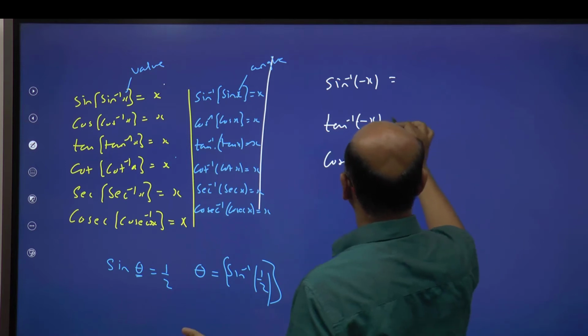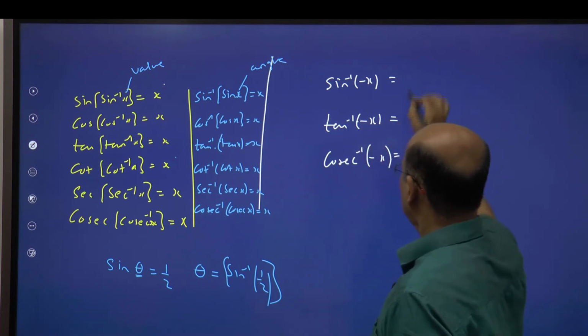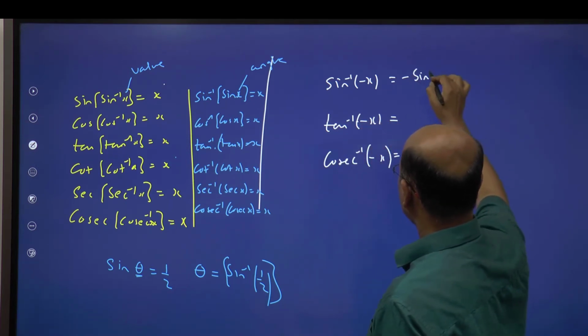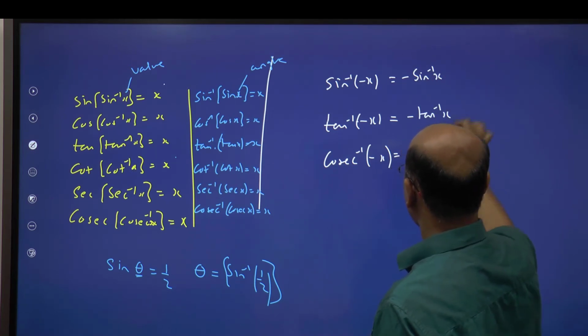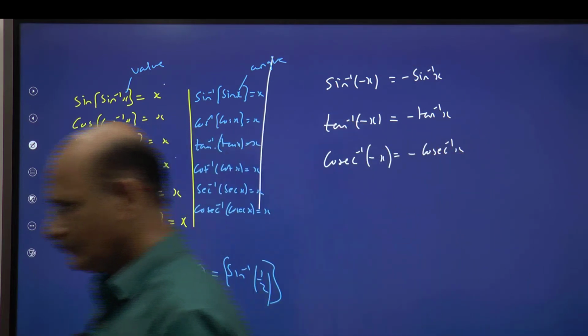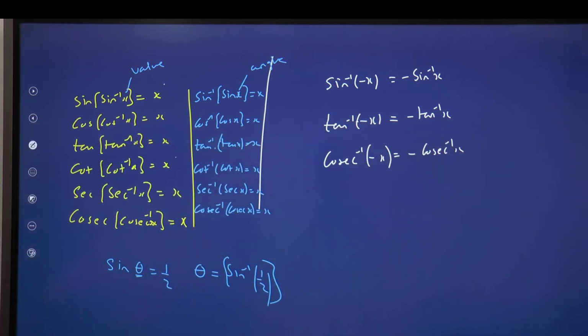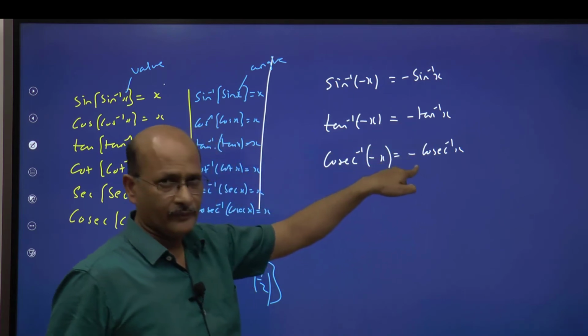Now all of these follow the same rule with a minus sign: sine inverse of minus x is minus sine inverse x, tan inverse of minus x is minus tan inverse x, and cosec inverse of minus x is minus cosec inverse x. I hope this is very, very clear.